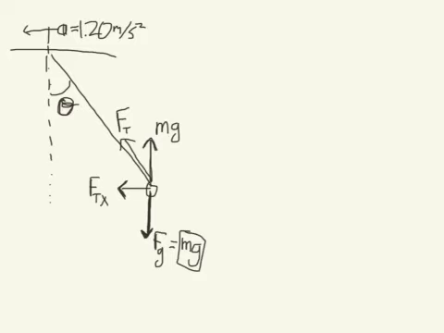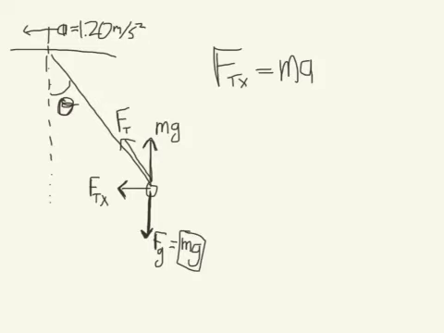And since this is the only horizontal force to act on our ball, this must be the force responsible for accelerating it at 1.2 meters per second squared. So we can say that this x component of the tension force is the mass times the acceleration because of Newton's law, F equals ma.